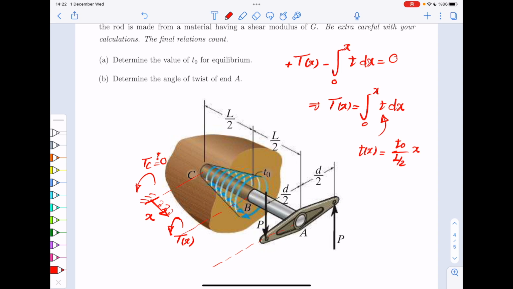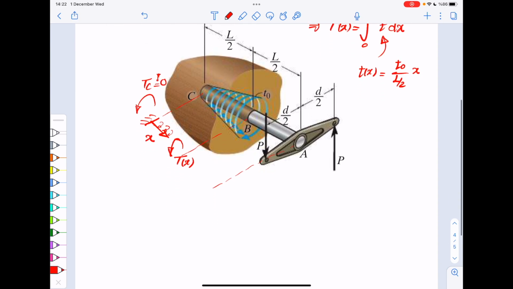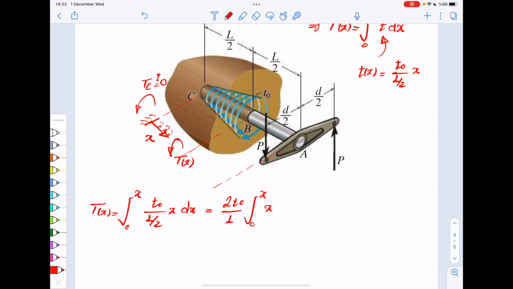So if you insert that, you get Tx equals the integral from 0 to x of T0 divided by L over 2 x dx. So that gives you 2T0 divided by L, integral from 0 to x of x dx. So that gives you x squared divided by 2. So you get T0 divided by L x squared. So this is your internal torque.